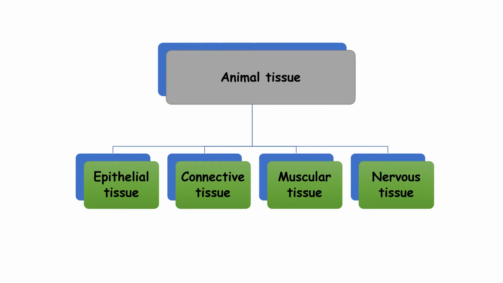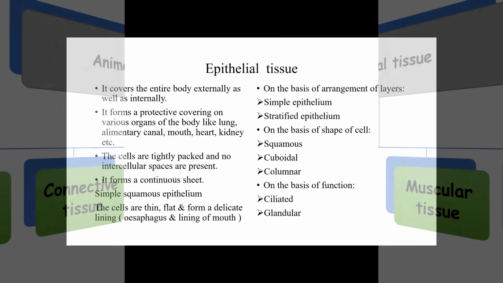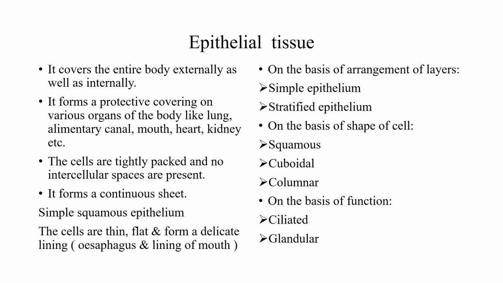Animal tissues. Animal tissues are broadly classified into 4 types. What are they? Epithelial tissue, connective tissue, muscular tissue and nervous tissue. First, epithelial tissue.